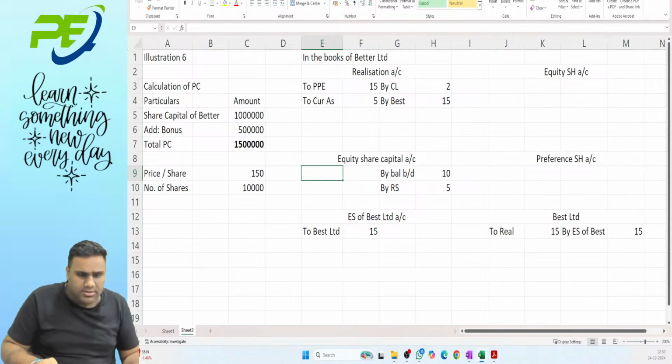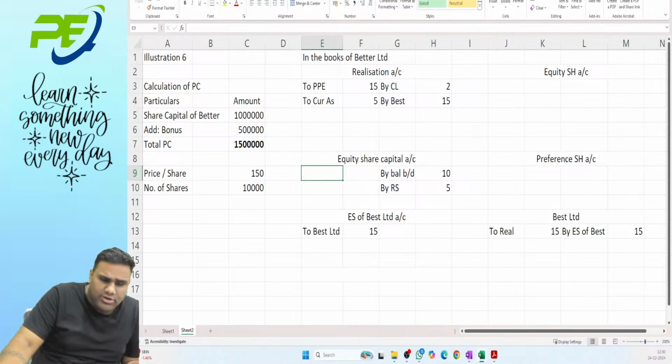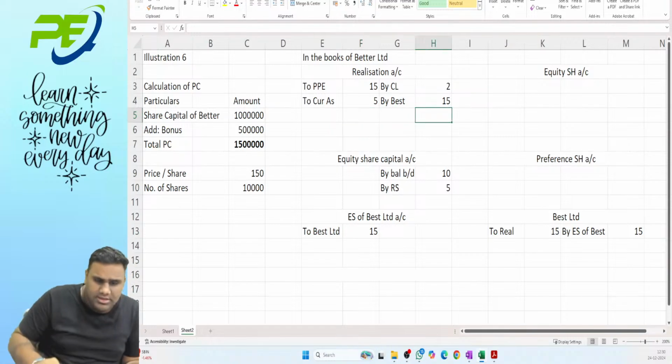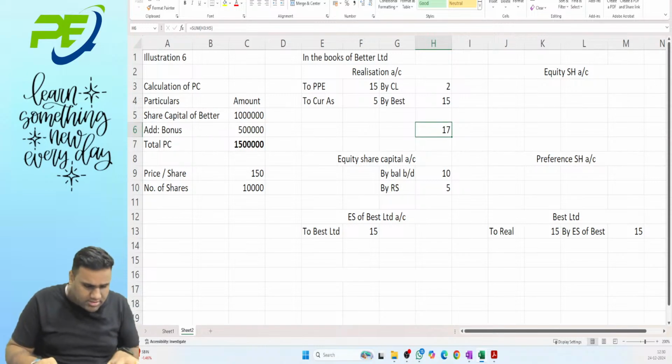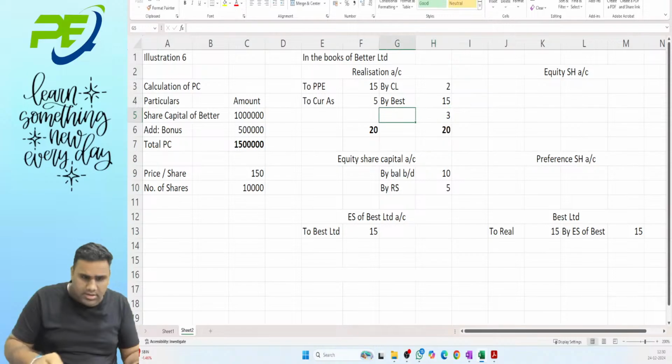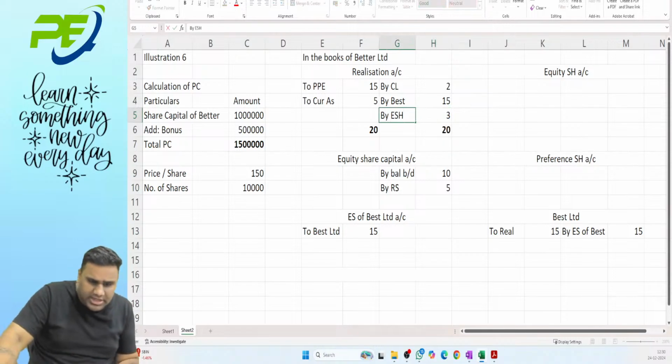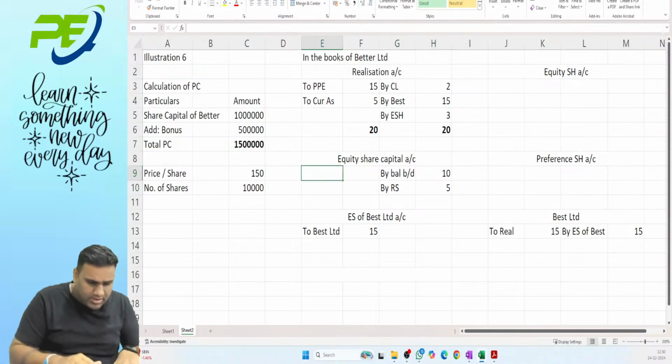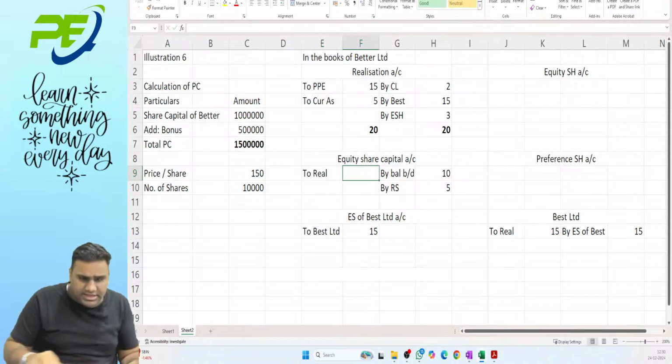We have to calculate realization profit also. How much? Loss. By equity shareholder 3 rupees loss to realization.